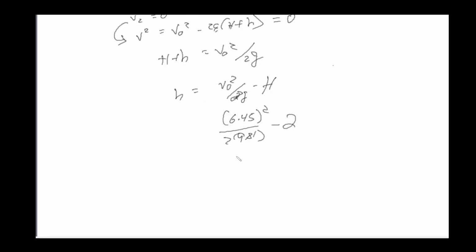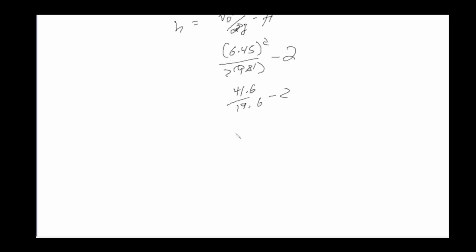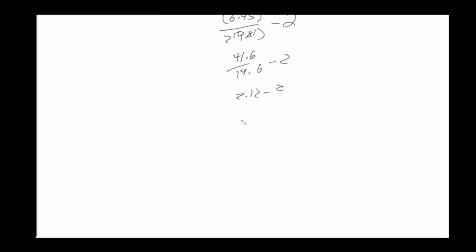Going through that calculation, we get 41.6 over 19.6 minus 2, or 2.12 minus 2, or 0.12 meters. So the height the ball travels above the window is 0.12 meters, or 12 centimeters.